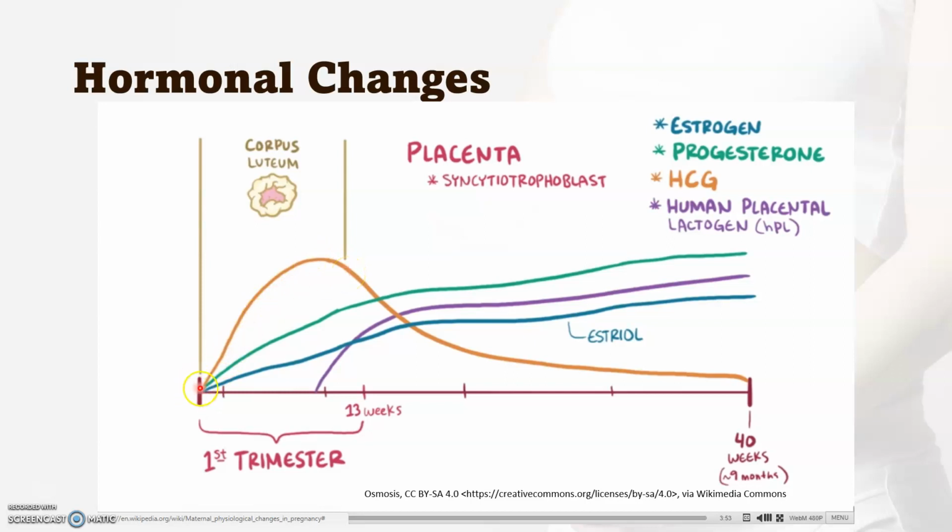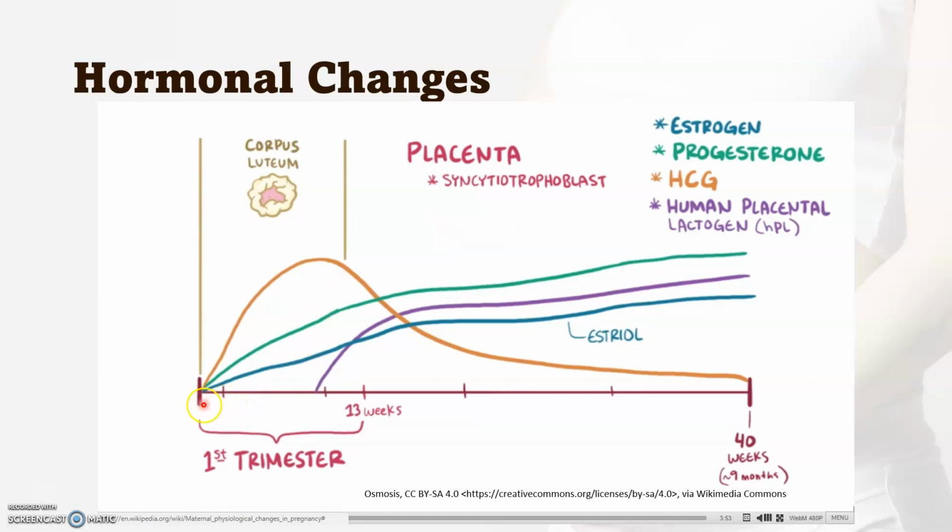As you can see, it peaks at about the 10th week and then starts to fall off. This hormone is produced by the syncytial trophoblast, and it's really concerned with the development of the trophoblast and the growth and development of the placenta.